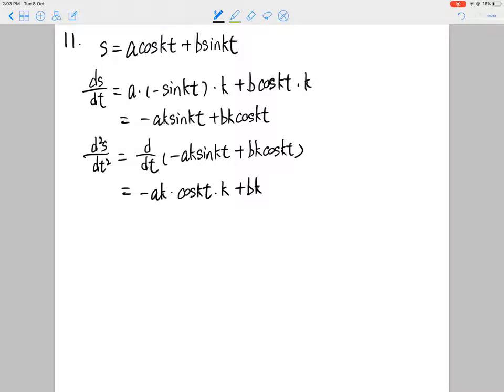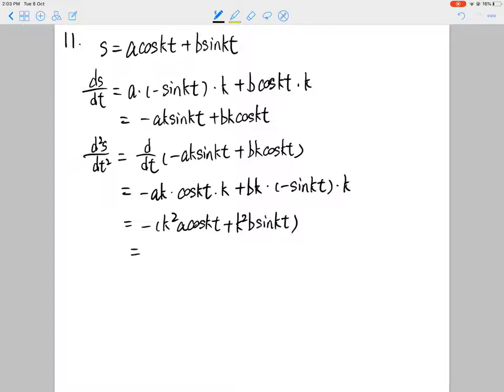Cosine kt's derivative is negative sine kt, right, times t's coefficient k. So it's negative ak square. Okay, let me write it this way. K square a cosine kt plus, right, because the negative sign is outside, plus k square b sine kt.